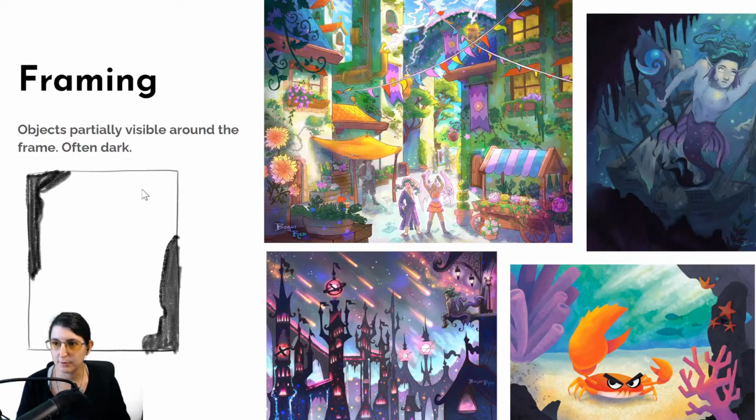It'll feel a lot more claustrophobic, which may be a feeling that you want in your piece. It really depends. I have a lot more framing in this particular piece because I wanted it to feel claustrophobic. This character is trying to escape the dangerous shipwreck, so it feels more claustrophobic because of how much it's being framed and surrounded by dark.